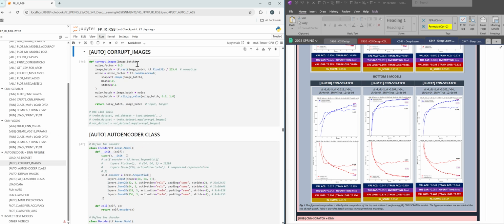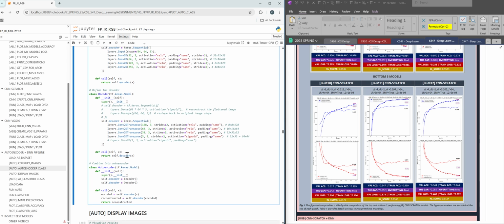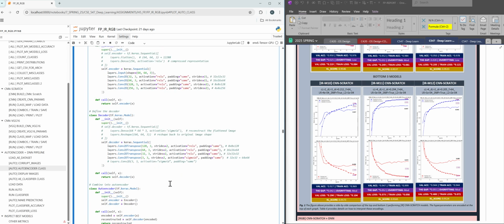Here we're corrupting our images and adding noise. Here's our autoencoder class. We've got the encoder and the decoder, and we've got convolutional layers for the image data in both our encoder and decoder.